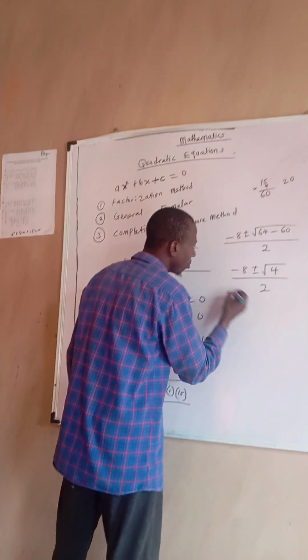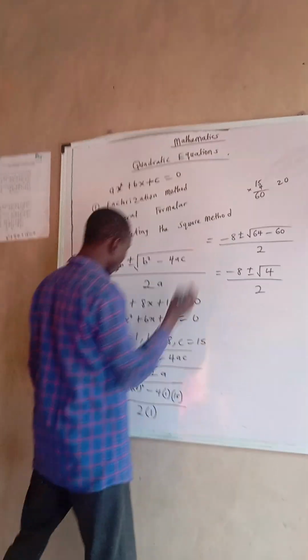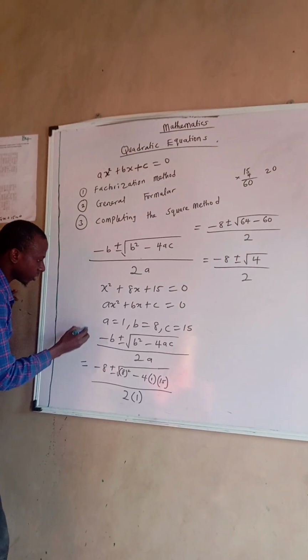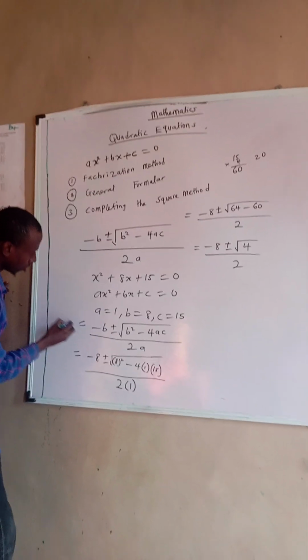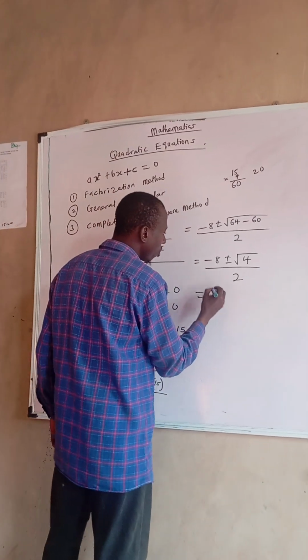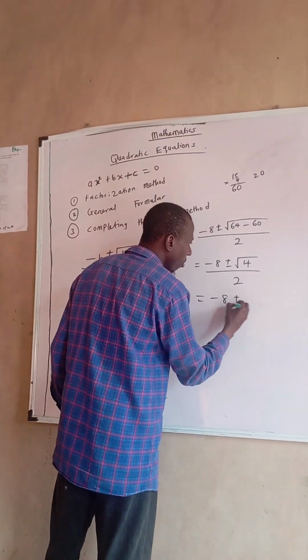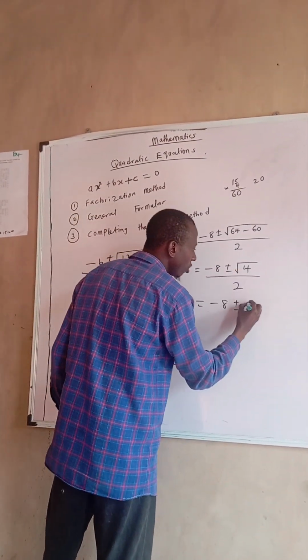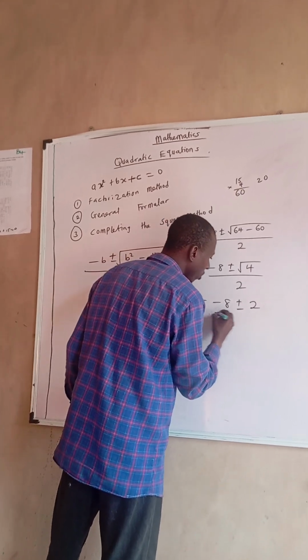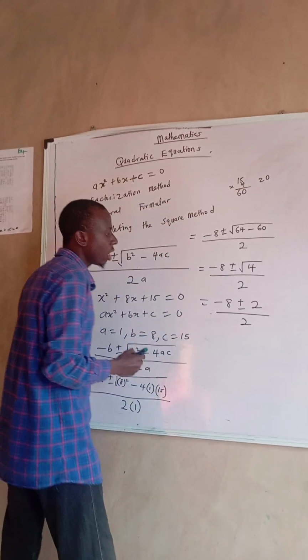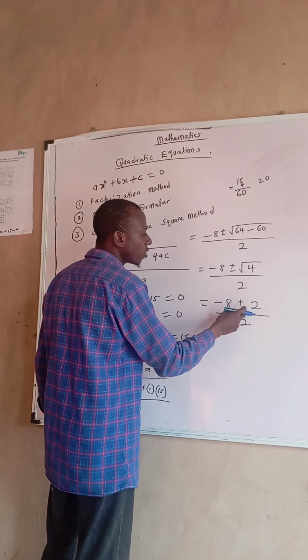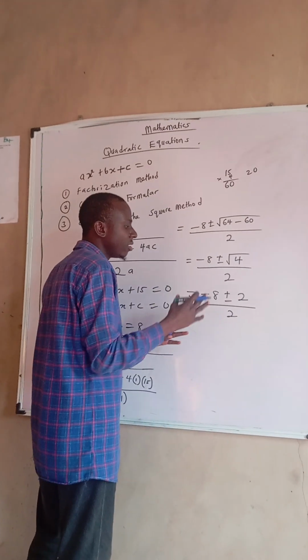Now, this will be equal to, don't forget to write equal to. It's very important in mathematics. Equal to minus 8 plus or minus the square root of 4. The square root of 4 is what? 2, all divided by 2. Now, the meaning of plus or minus is that we are alternating it.